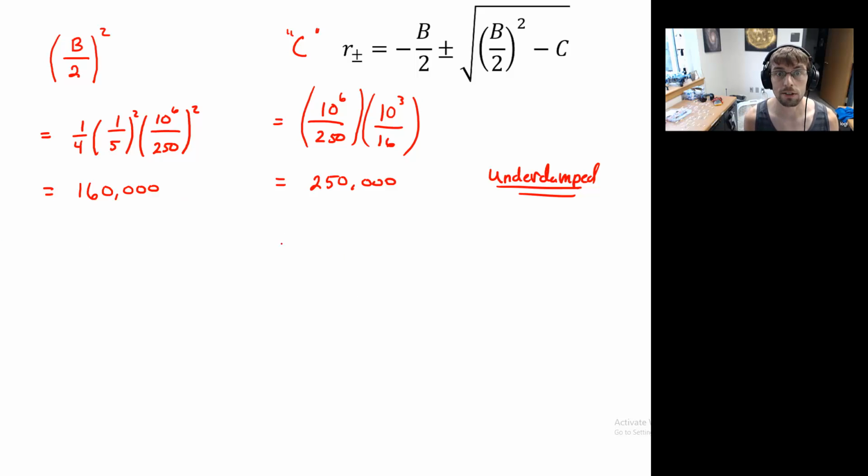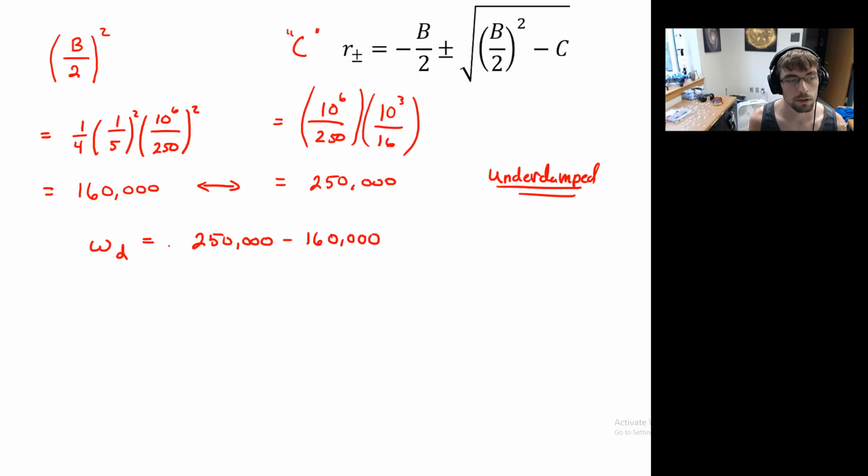And actually, it's always nice when we have an underdamped situation. I'll say omega d is given by the difference between these two values square rooted. So the 250,000 minus the 660,000 square rooted.